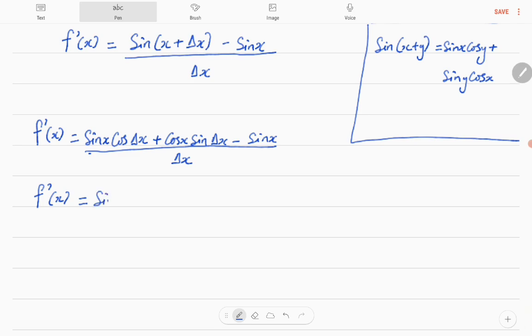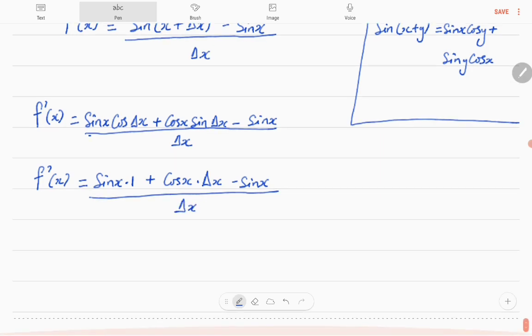So we have sin x, cos dx tends to 1, so we multiply here by 1, plus cos x, sin dx tends to dx, so we multiply cos x by dx, minus sin x, divided by dx.